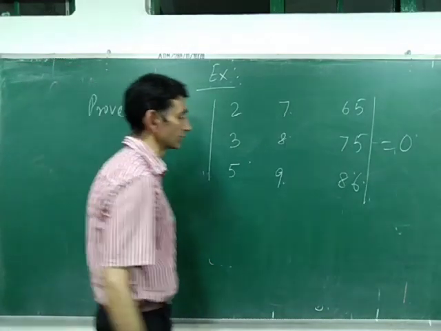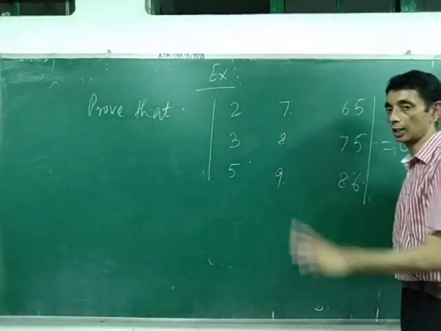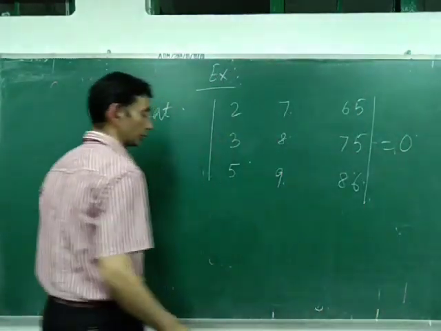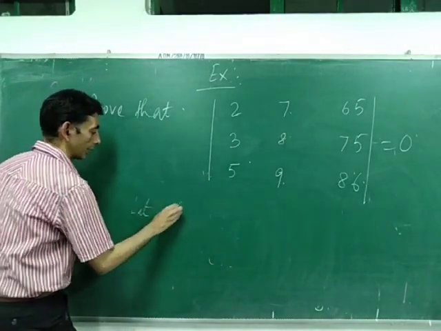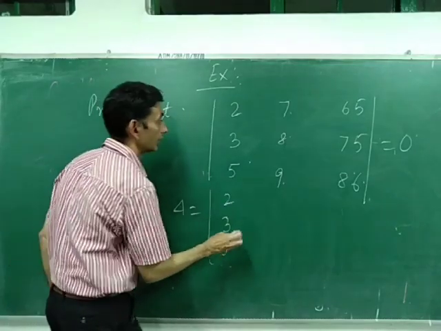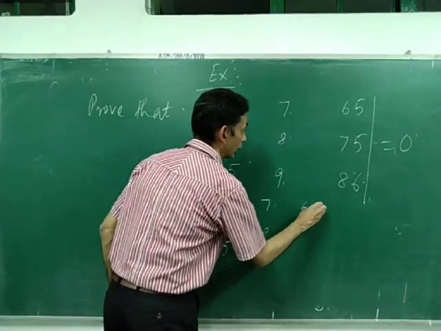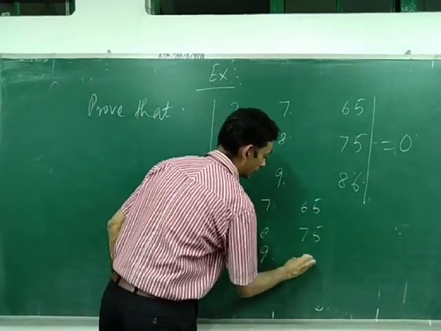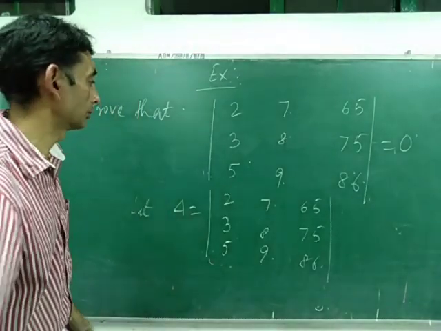So how can you prove this? Remember, we are going to prove this with the help of the properties. Let delta be equal to the determinant 2, 3, 5, 7, 8, 9, then 65, 75, 86. What steps are we going to use?